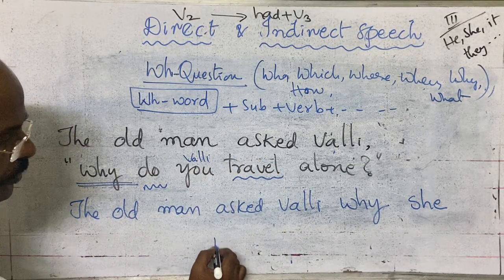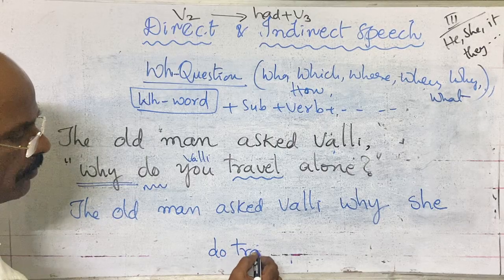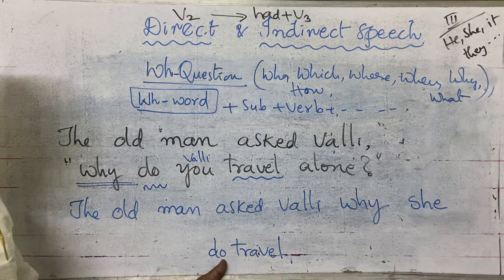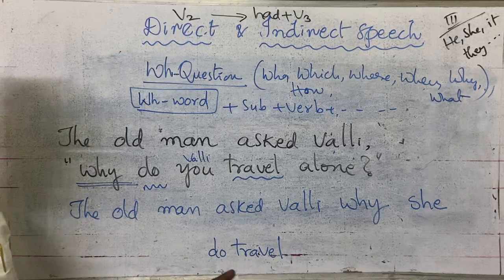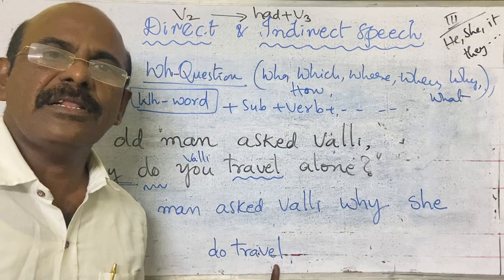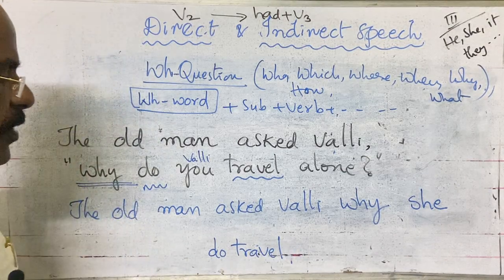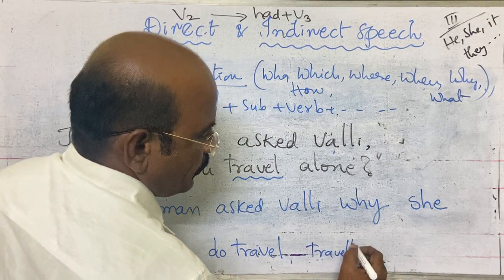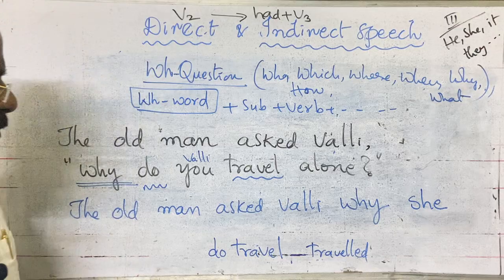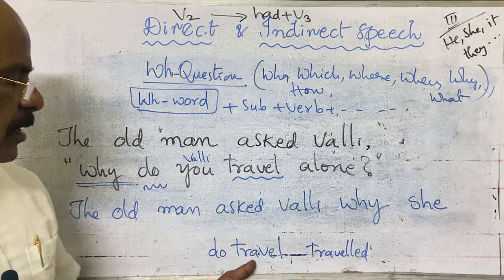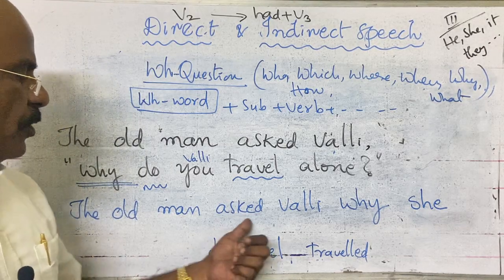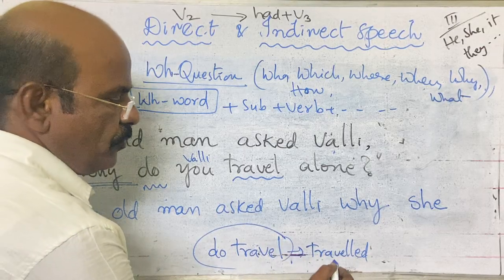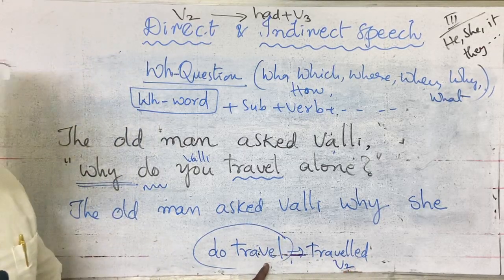When you are finding the verb with do, if it is do, present tense, take the total verb as present tense, and convert present tense into past tense: traveled. Once again, if it is do or does, you take the total verb into present tense, so you convert this into past tense V2, the main verb.